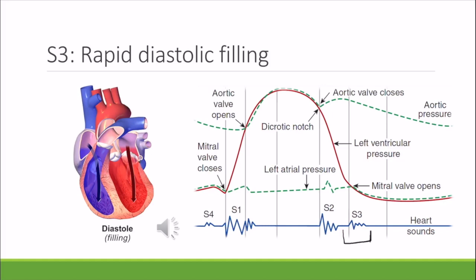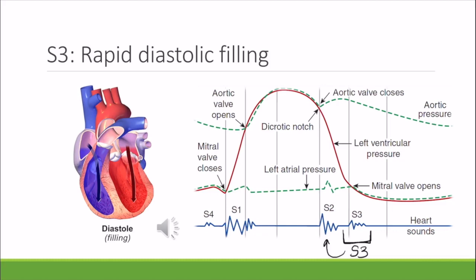S3 you can see here in the figure. S3 occurs very early in diastole, because remember S2 represented the start of diastole. So very early into diastole, you hear an extra sound.